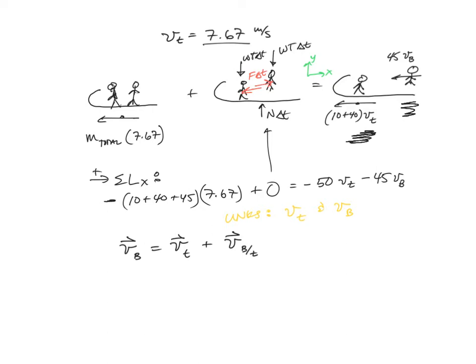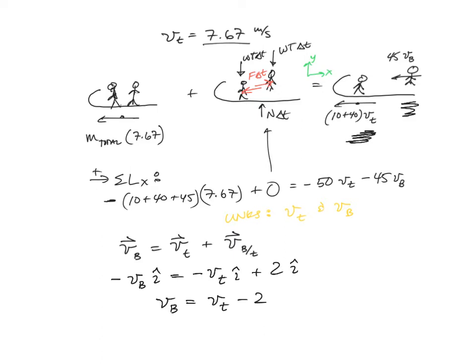So we would end up with minus VB in the i direction is equal to minus VT in the i direction. And then we're told that we have a relative velocity of 2. So from this, I've got that the velocity of the boy is equal to the velocity of the toboggan minus 2.